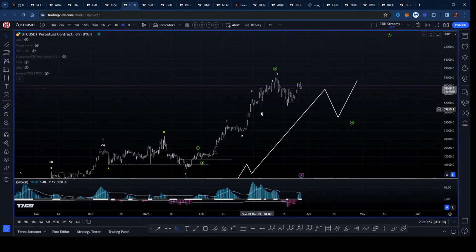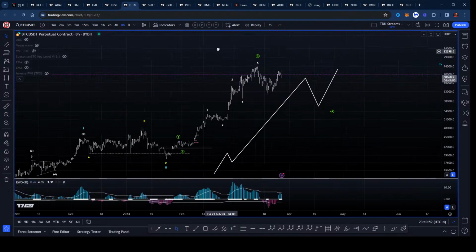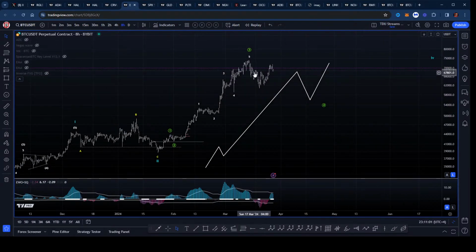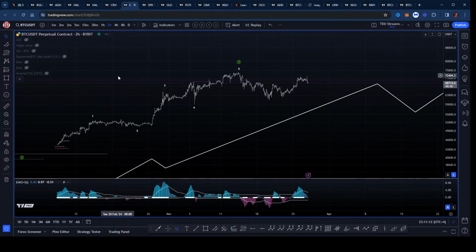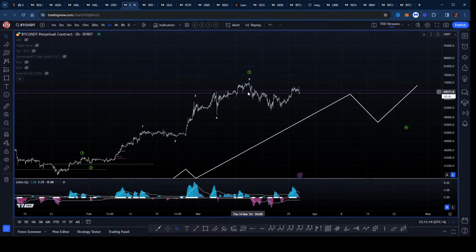You got to trade what the market offers, not what you want. That's not a great start. That looks like a triangle, actually. That looks like ABC in there.